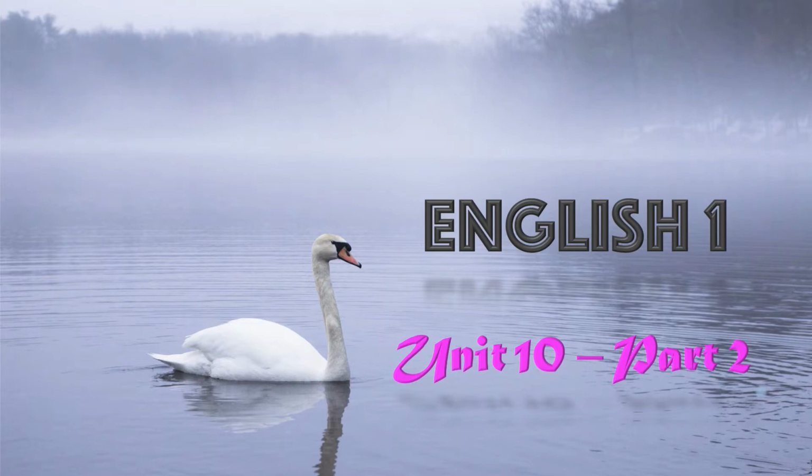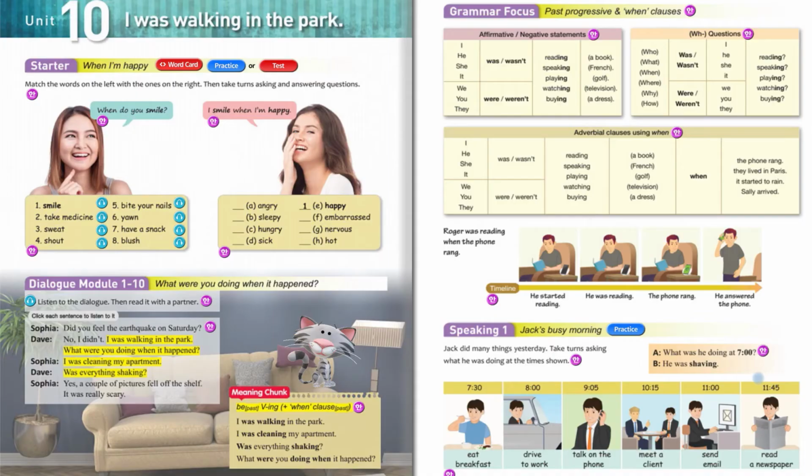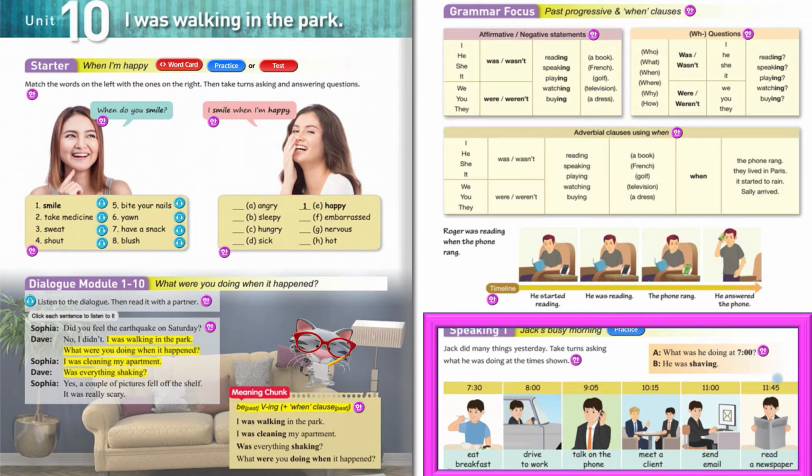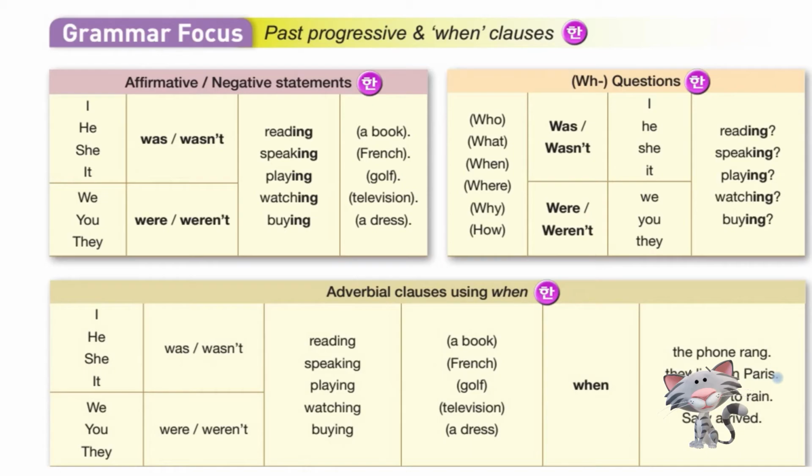We continue with the past progressive and talking about things you were doing, starting with speaking 1. We are continuing our discussion of the past progressive from the last unit.